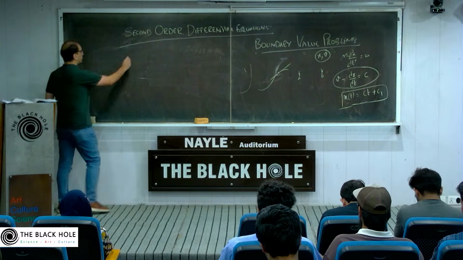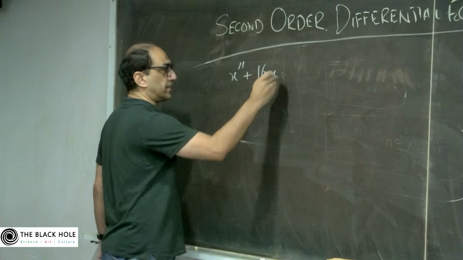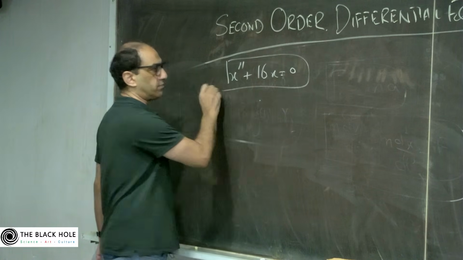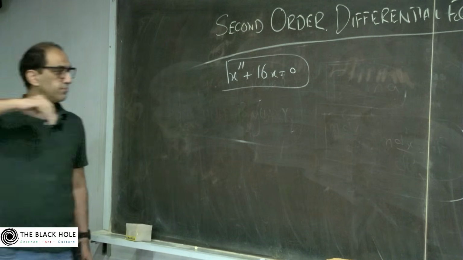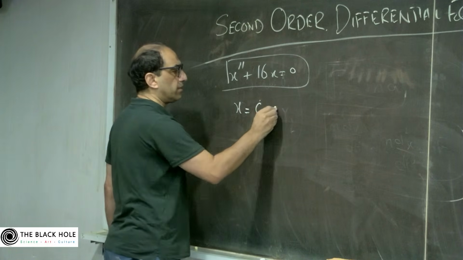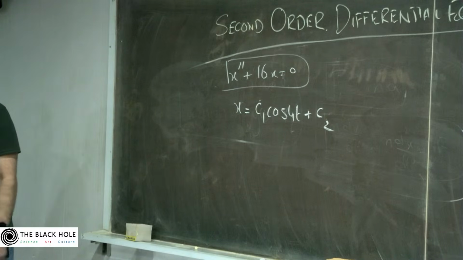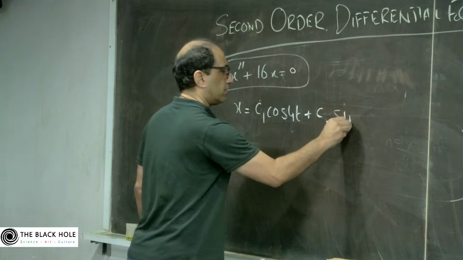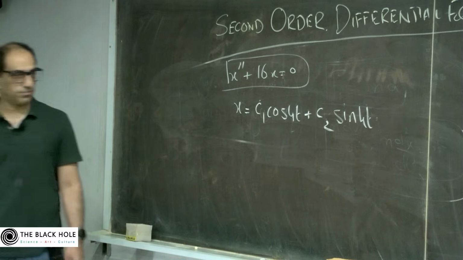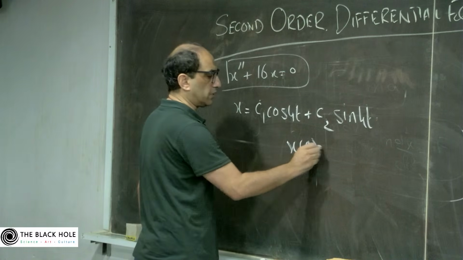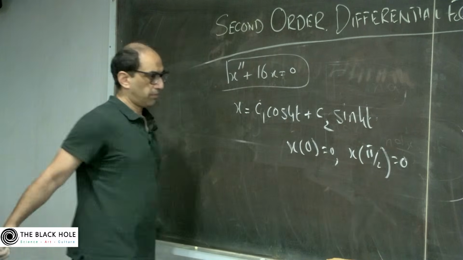So let's say I have a differential equation, and I'm not at the moment trying to devise any way to find the solution, but just assume that the solution to this differential equation is C1 cos 4t plus C2 sin 4t. And let's say my boundary condition is x of 0 is equal to 0 and x of pi by 2 is equal to 0.